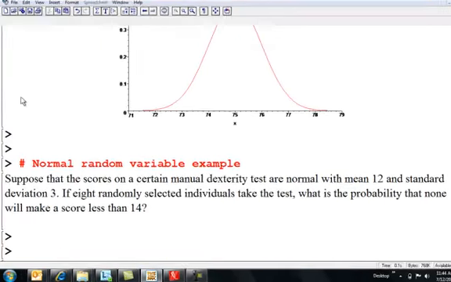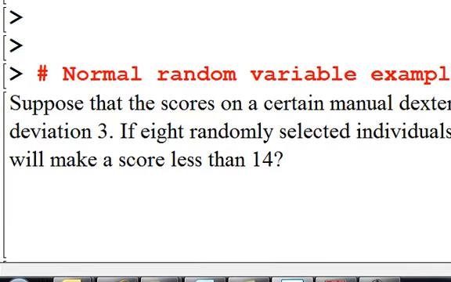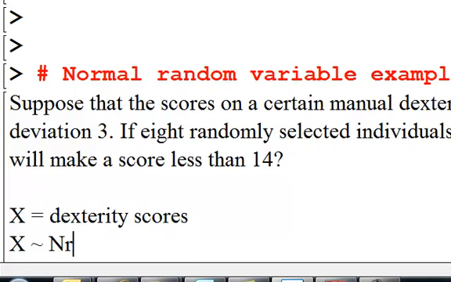Here's another normal. Suppose scores on a dexterity test are normal. So x is equal to dexterity scores, and x has the distribution of a normal with a mean of 12 and a standard deviation of 3.